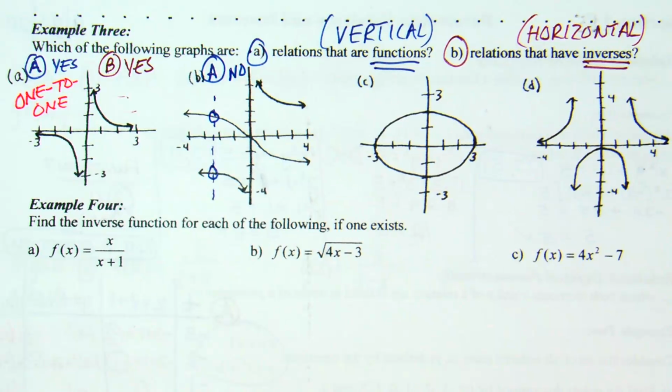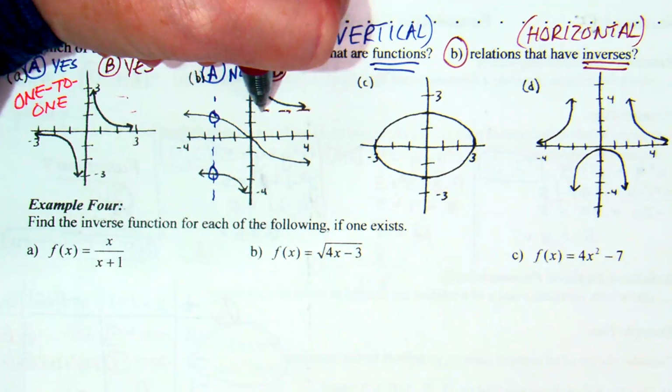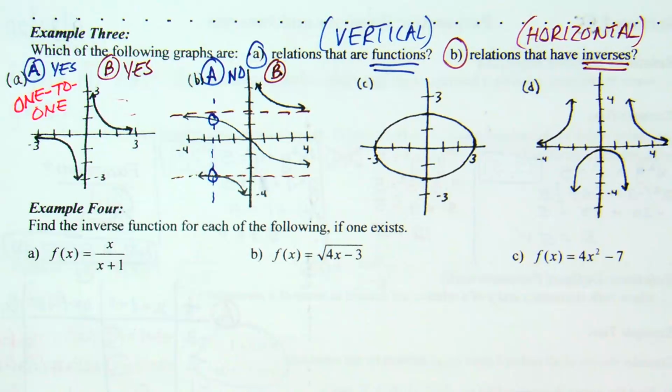Does it pass the horizontal line test? Yes. Can you guys tell what's happening right here? There are horizontal asymptotes happening here, yes? And so it is going to pass the horizontal line test. So this one is not a function, however, it does still have an inverse. Is it 1-to-1? No.